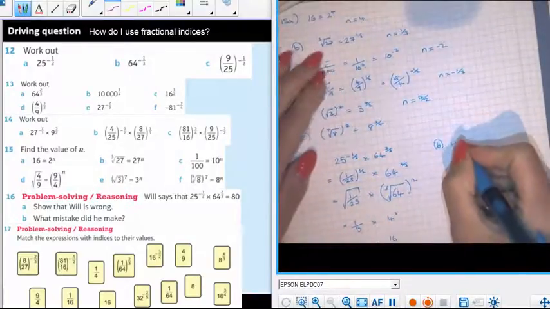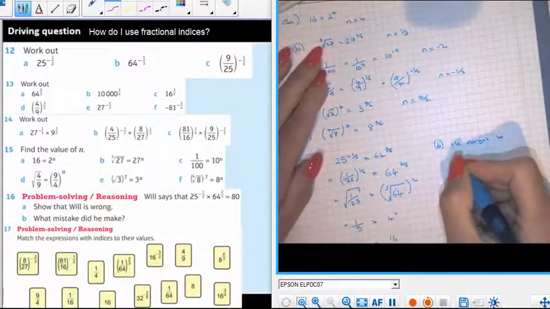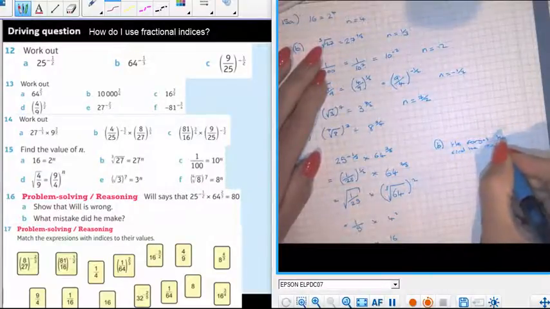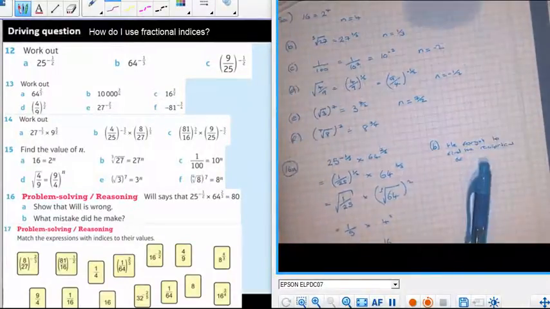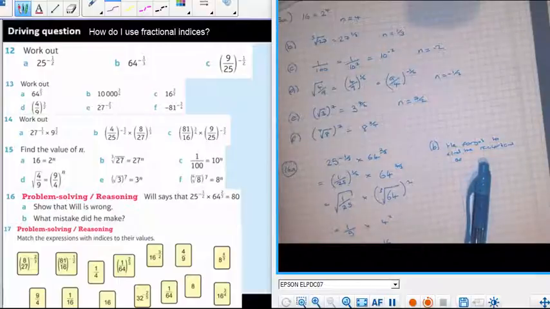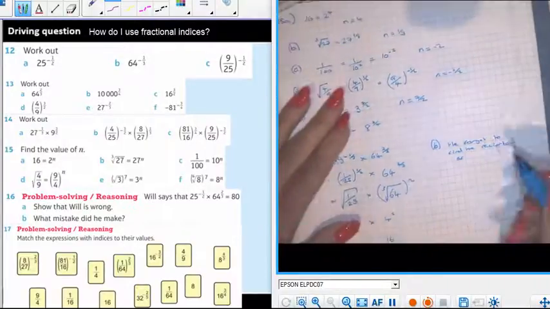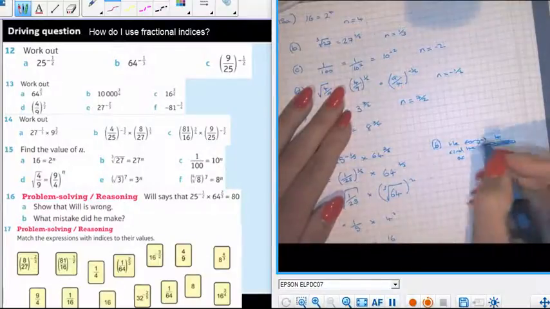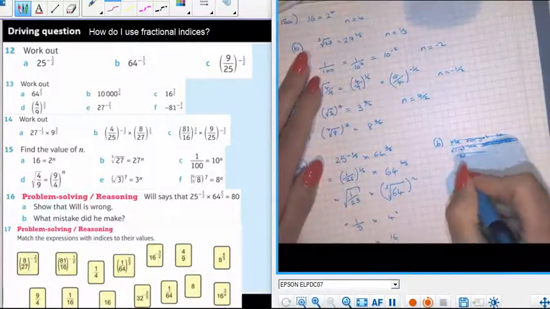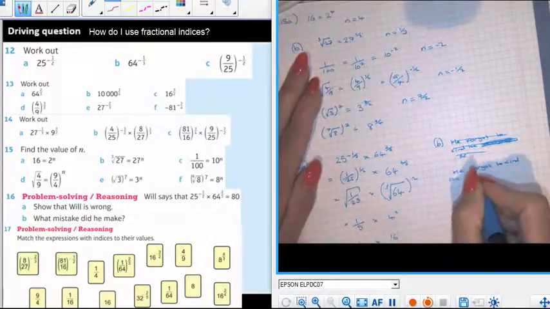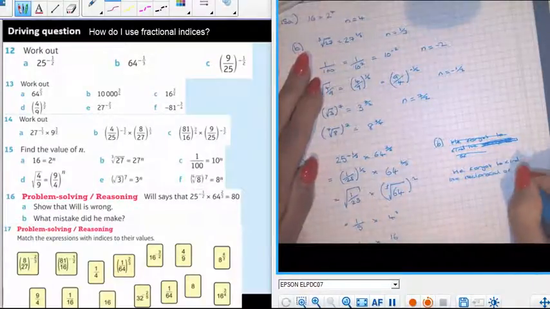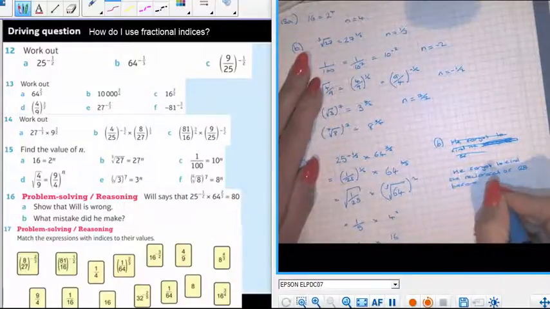So he forgot to find the reciprocal of 25 before square rooting.